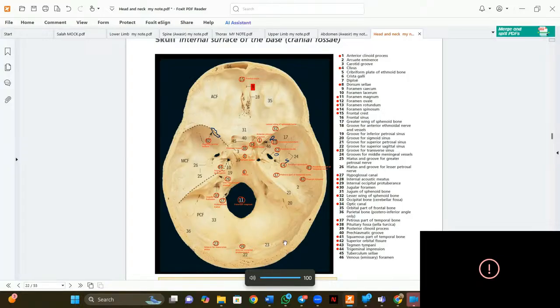Group 4 transverse sinus. Okay, 23 group 4 transverse sinus.